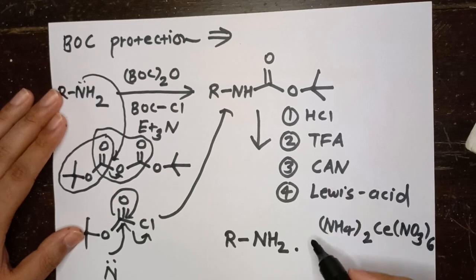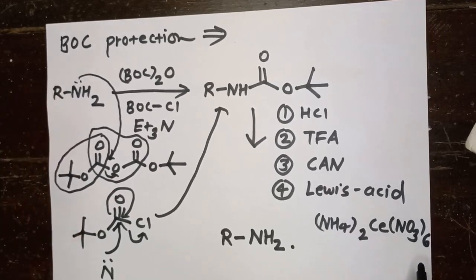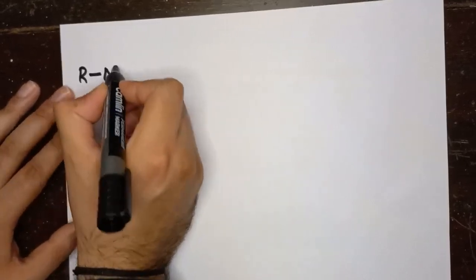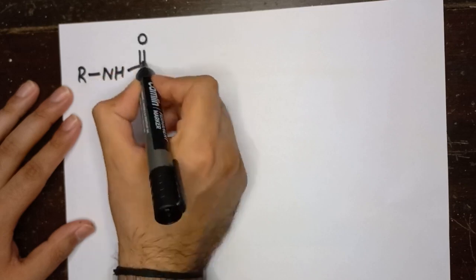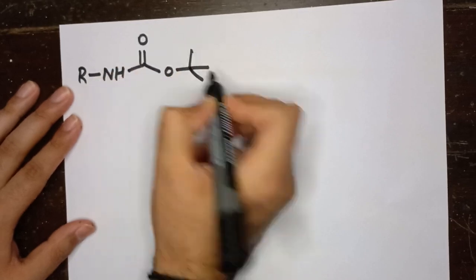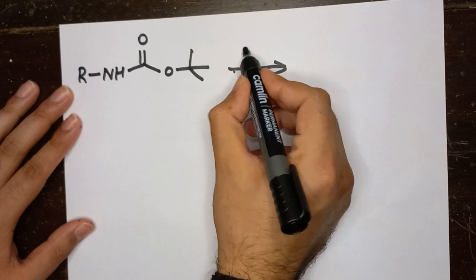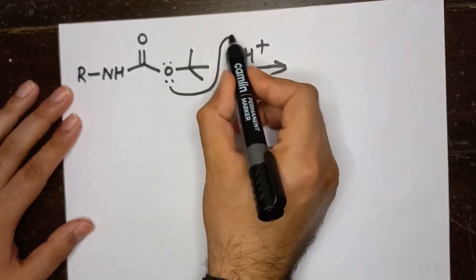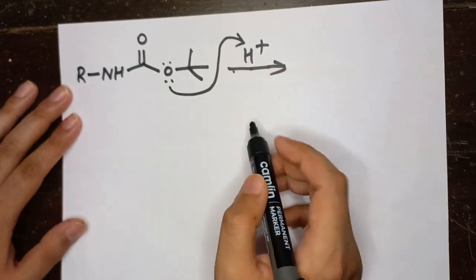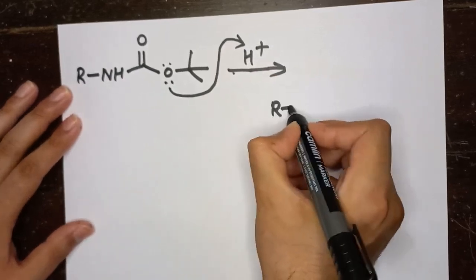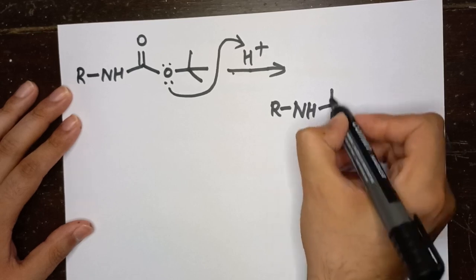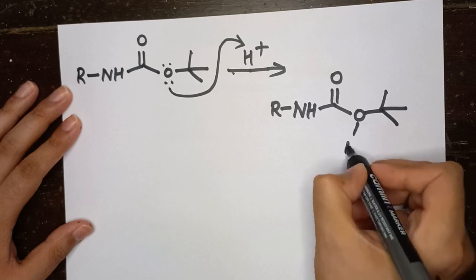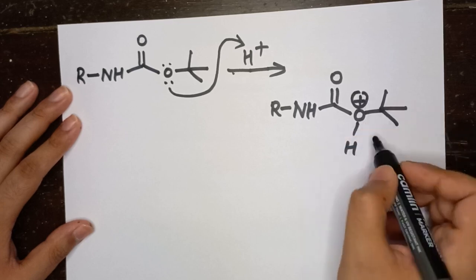So now let's see the mechanism for this deprotection step. We have this Boc protected amine, and we added an acid. This oxygen lone pair will grab this proton, and we have generated this molecule.